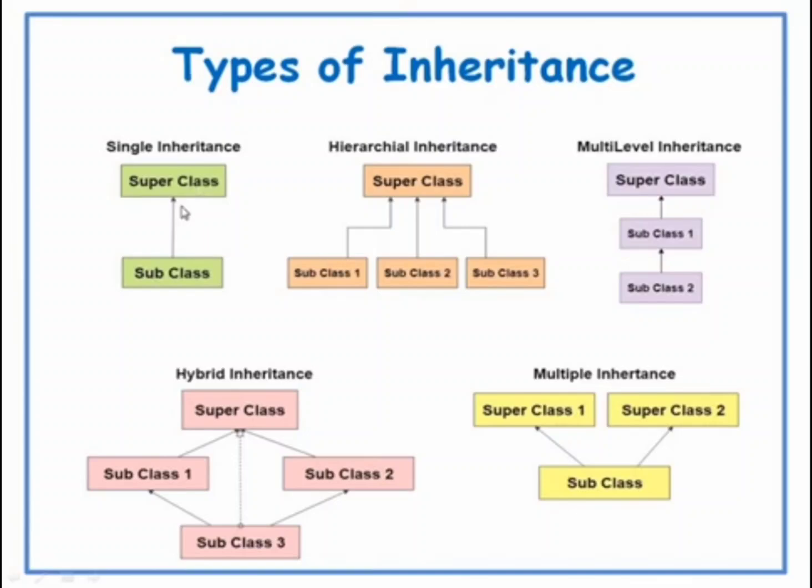Hybrid inheritance means a combination of any two inheritances. And these are the structures of the types of inheritance.